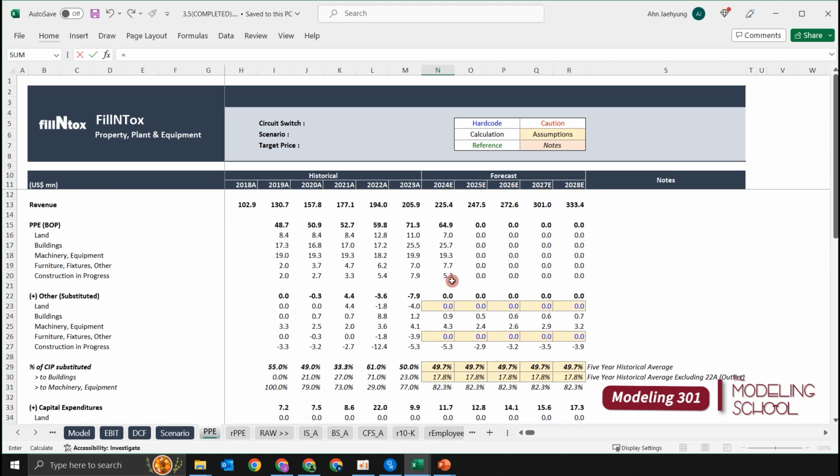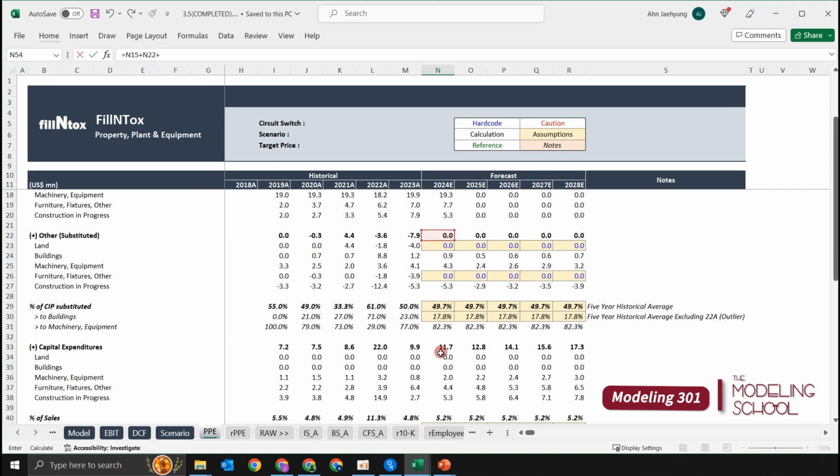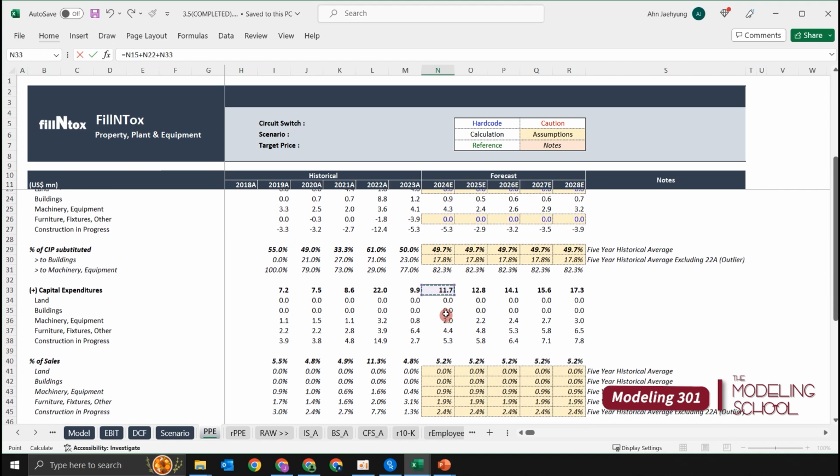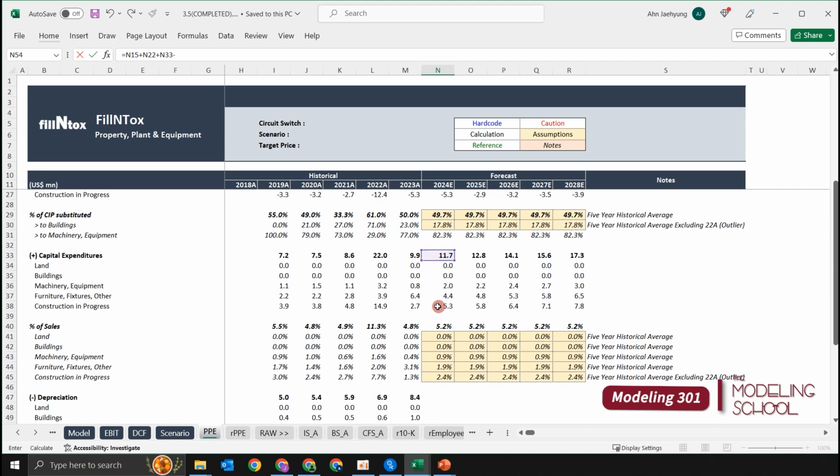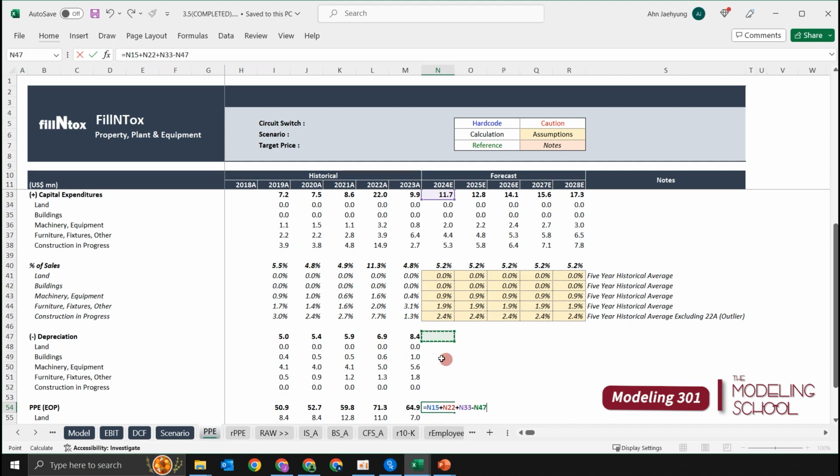So let's start from the end of period property, plant and equipment balance. We're going to start from the beginning balance, added by the substitution, added by capital expenditures, minus depreciation.